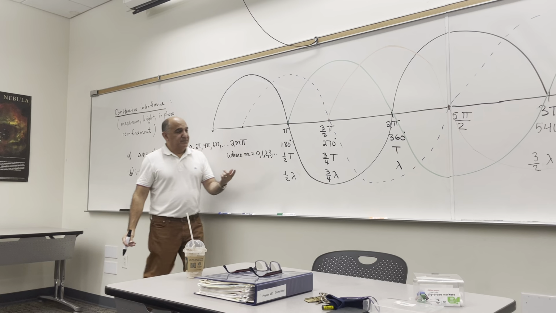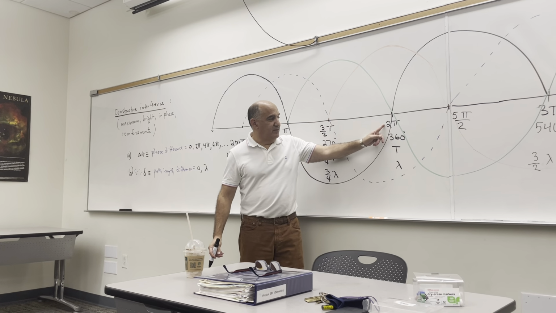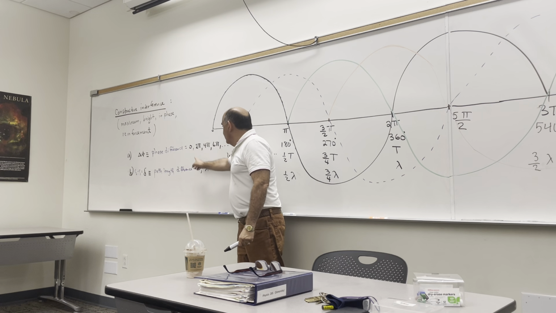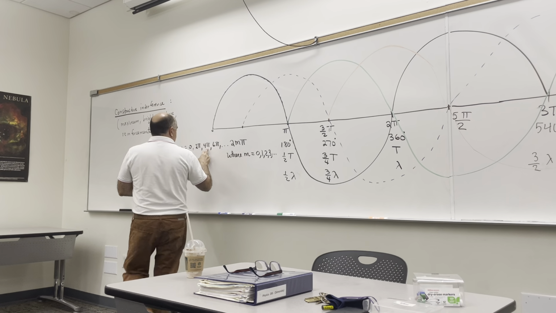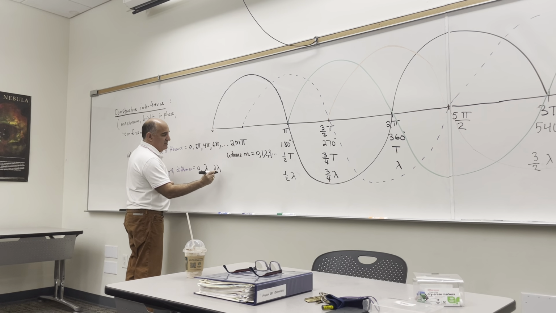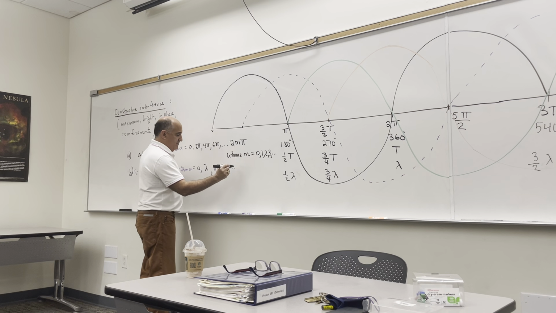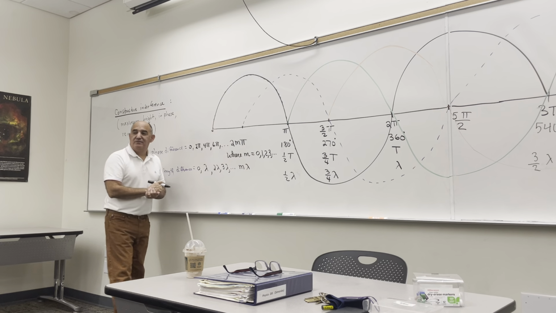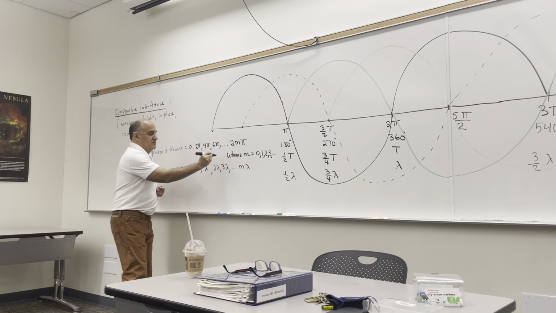Notice, one wavelength is the same as 2 pi. 0 goes with 0. And 4 pi is going to go with 2 wavelengths. And then 3 wavelengths. So in general, this will be m lambda, where m has the same definition as before.